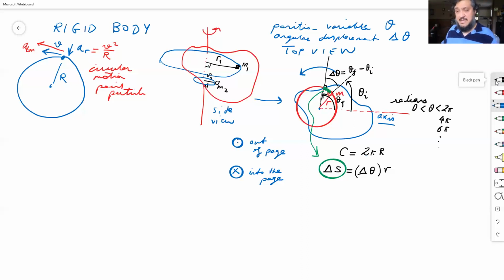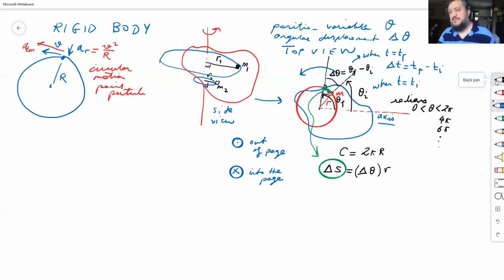Now, this happens in time, so there's a time interval here, delta t. So theta i is the angle when time is ti, the beginning, and then theta f is when time is tf. So we're talking about a time interval, delta t, which is t final minus t initial, okay?